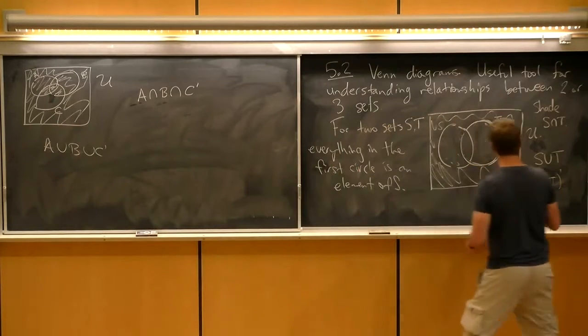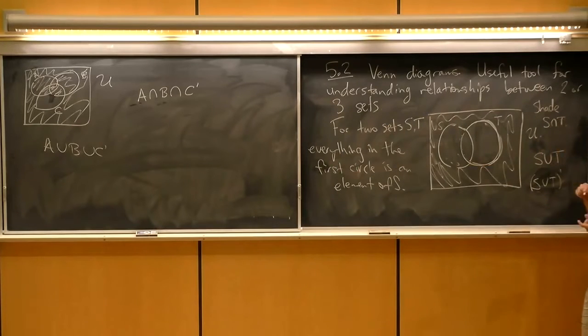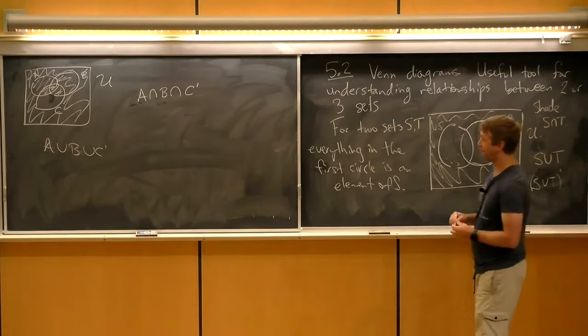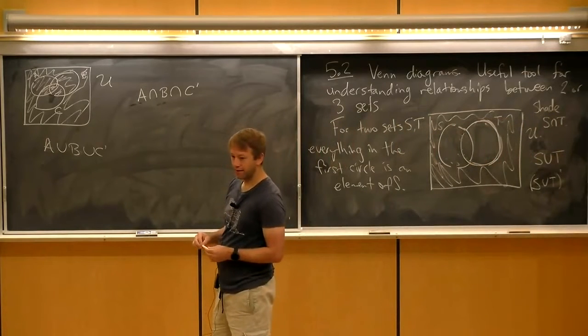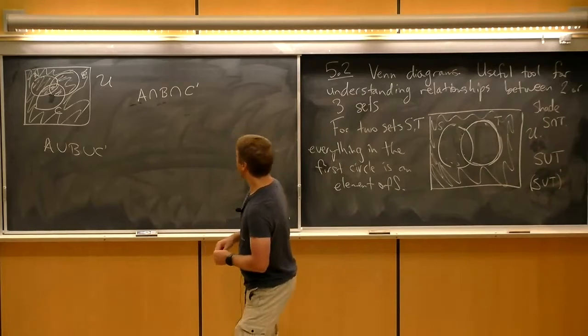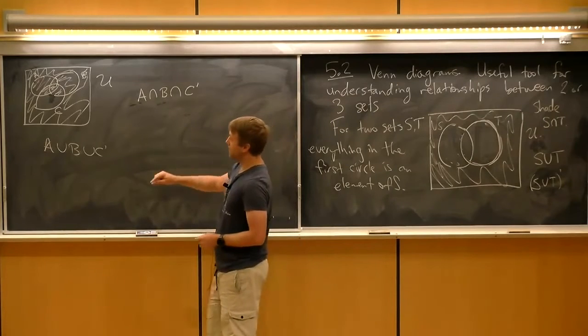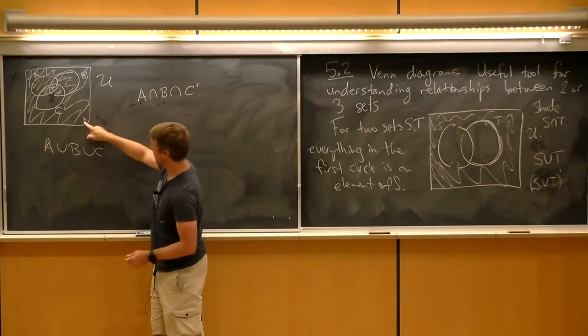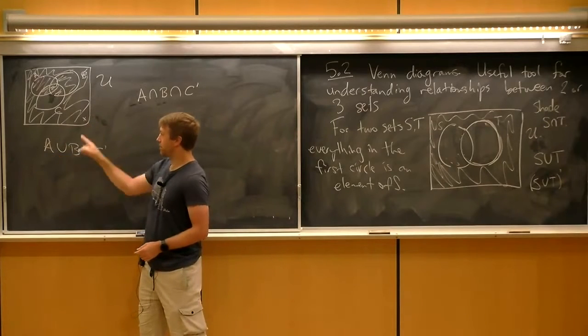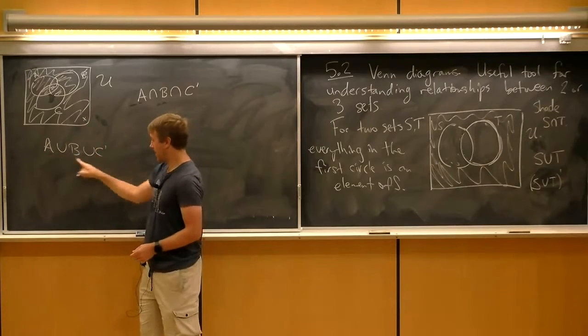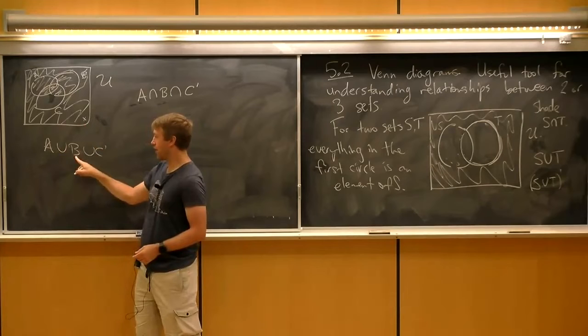We never looked at S union T prime, actually. I think we just said S intersect T prime. Because if I take a point outside of here, is it in this set? To be in this set, it has to be in here or here or here.